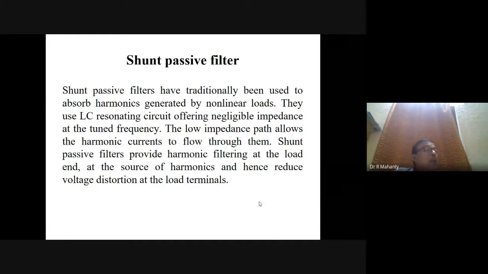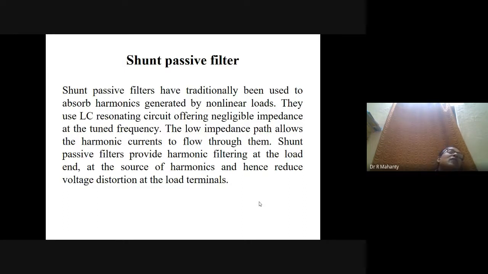Therefore, depending upon your requirement and your harmonics, you will have to tune different shunt passive filters at the dominant harmonic frequencies. If it is a single phase system, the most dominant harmonic is the third harmonic, then we have the fifth harmonic, then the seventh harmonic, like that.